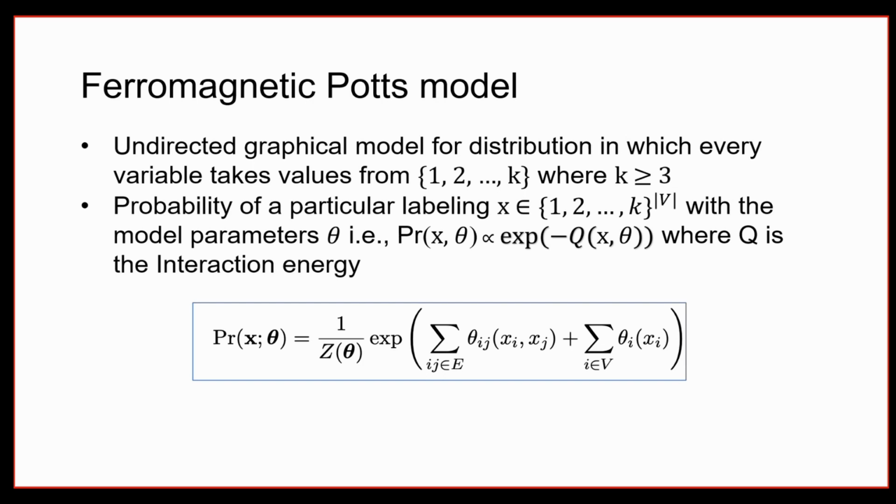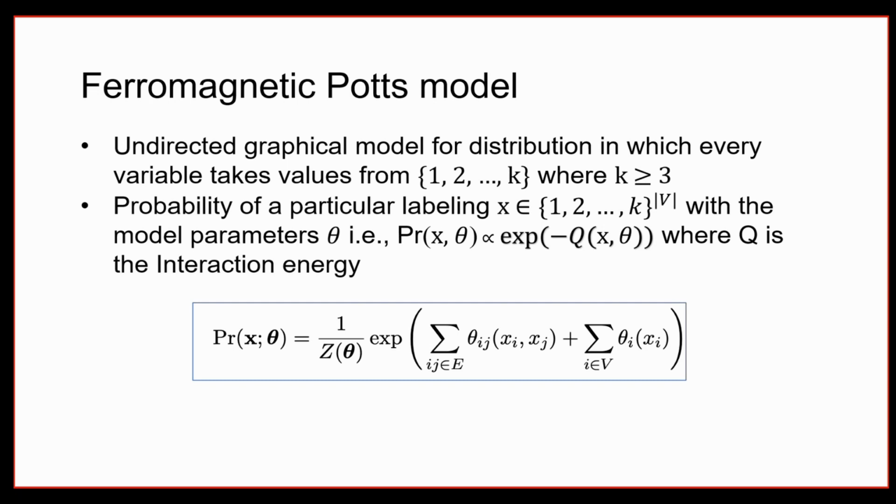We'll discuss what these things are, but in some sense the intuition is that in these ferromagnetic models, the single node terms represent the prior probabilities.